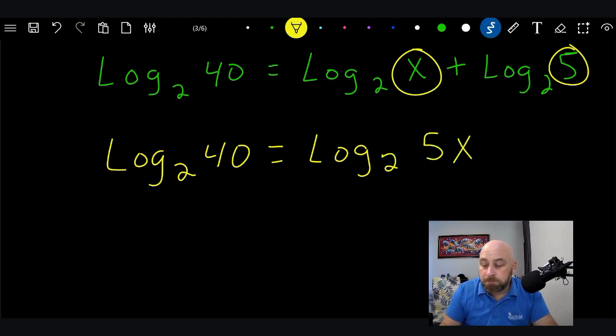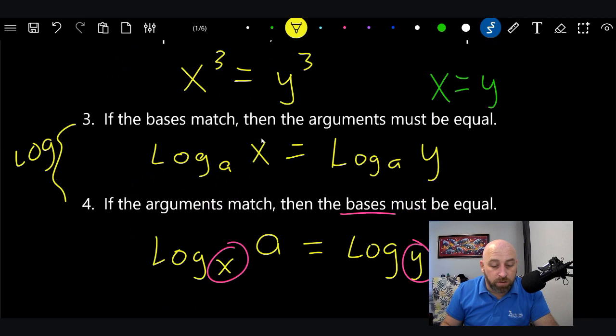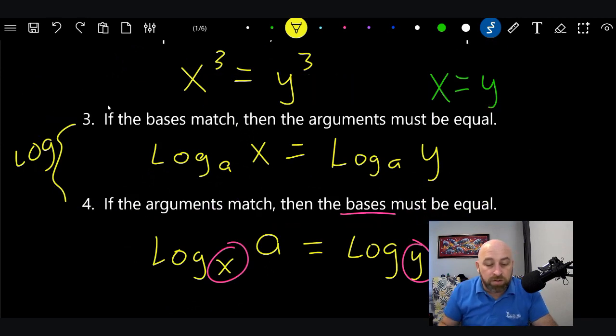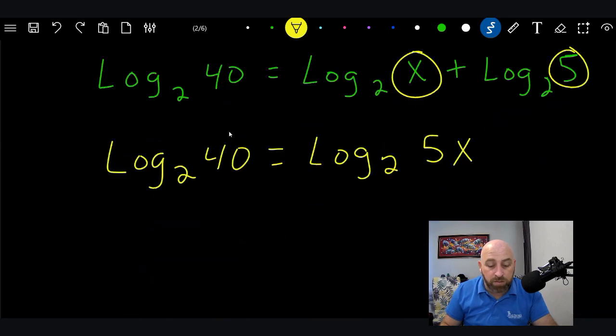You have to go back to remember how to condense logarithmic equations, and there you go, just condense it down. Now what? Well, now we're looking at logarithmic, so what are we going to use here? We're going to go back up to one of these, either 3 or 4. So do the bases match or do the arguments match? Well, let's go back and look at our base.